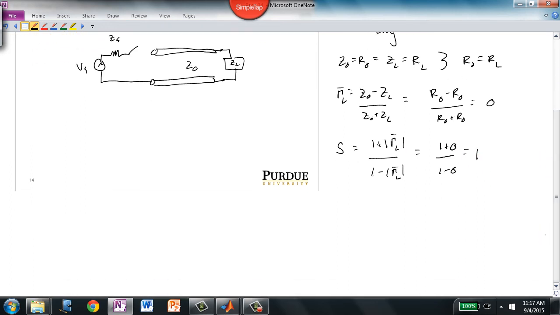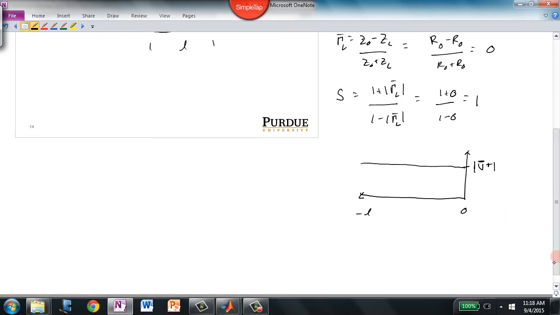So if we were to plot the magnitude of the voltage along the transmission line, for this case, what we would see is that at the load, the magnitude of the voltage is going to be V bar plus. Since there's no reflection, all we have is whatever the magnitude of the incident wave was, and since there's no reflection and the voltage standing wave ratio is 1, the magnitude of the voltage along the length of the transmission line is constant at the magnitude of V bar plus.